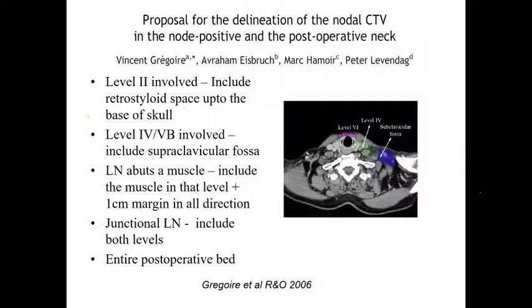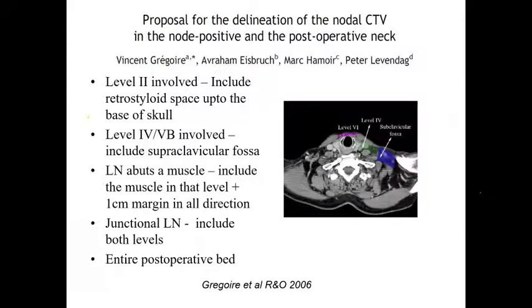If the lymph node abuts the muscle, then you must include that particular muscle, say for instance sternocleidomastoid, in that level of node. And of course, because you take care of the microscopic extension all around the neck, you include 1 centimeter of margin all around it.